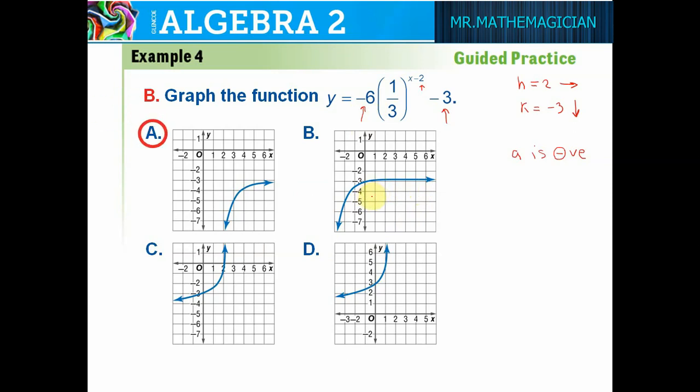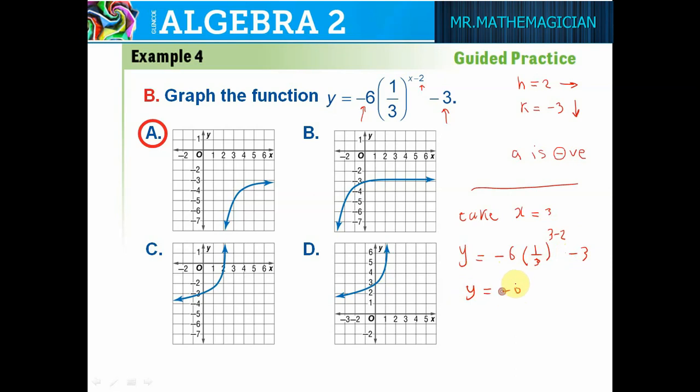Yes, it should be A, or simply you can take a number and substitute, and this number will tell you everything. For example, if you take x as 3, so y will be negative 6 times one third to the power of 3 minus 2, then minus 3.